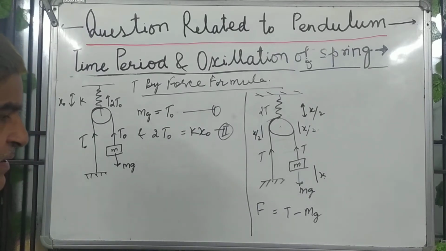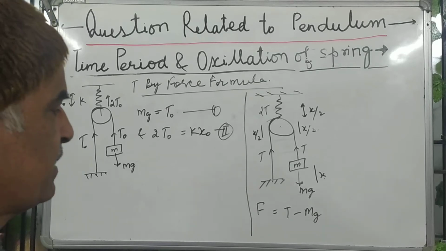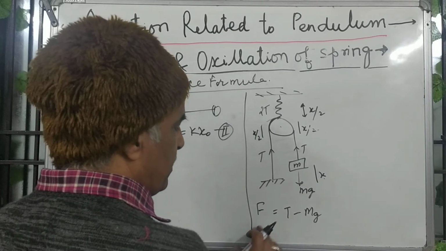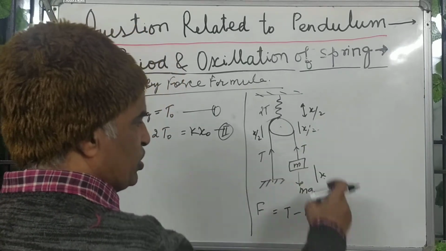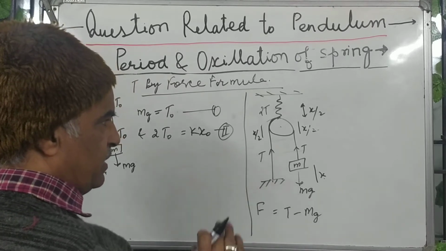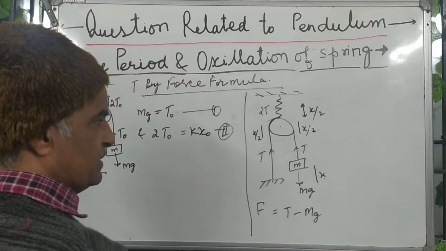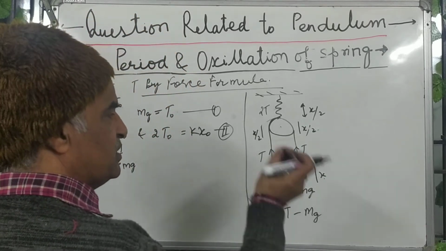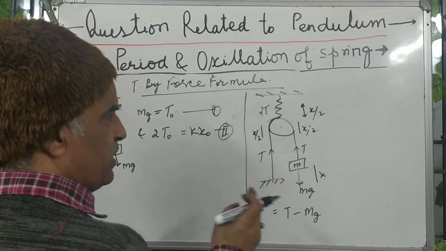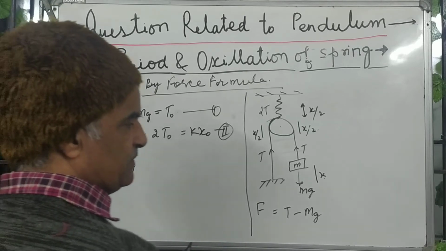The restoring force is acting upward, T minus mg, and due to this oscillation is taking place. Over here this is the 2T, and due to 2T extension is taking place.